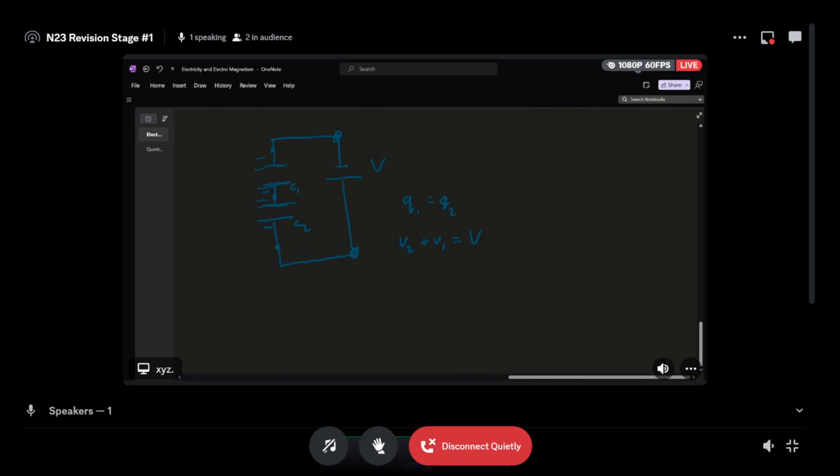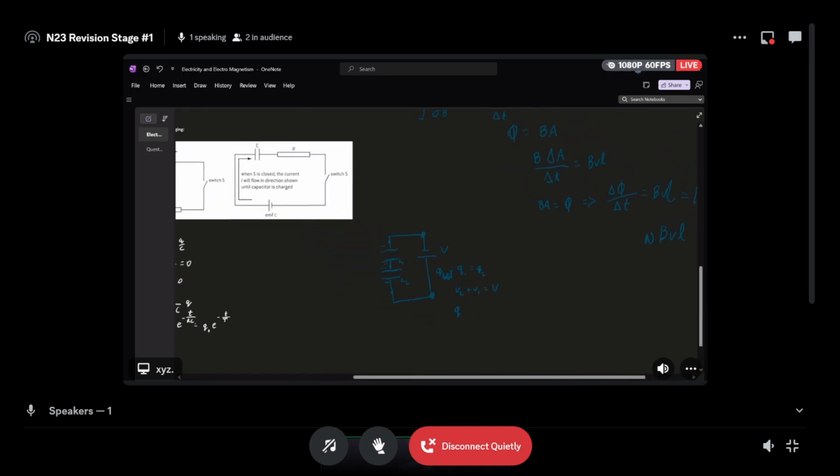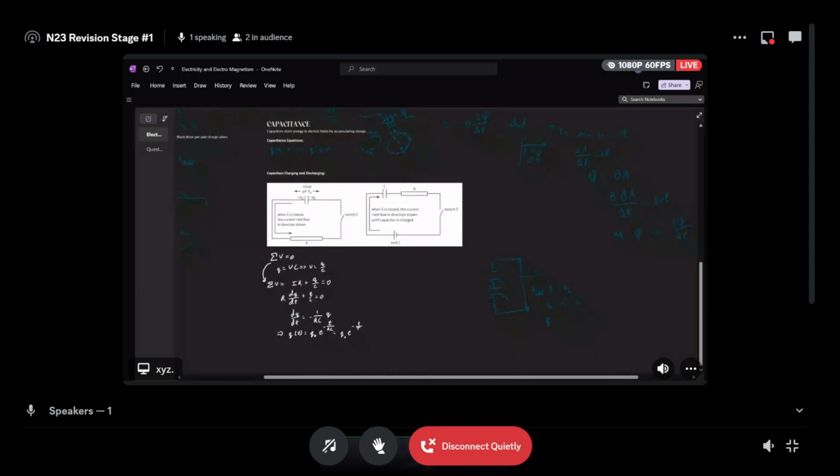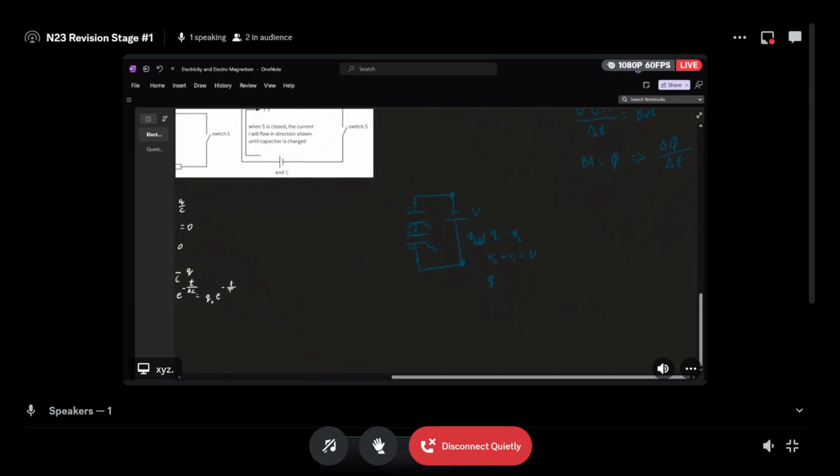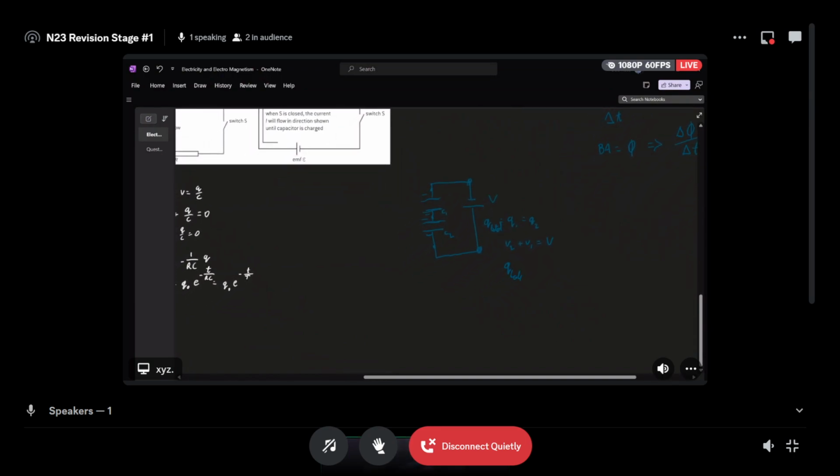Our third equation is that the Q, which is equal to Q total, that's because of charge conservation. And then our third equation is that Q total equals C total times V total.